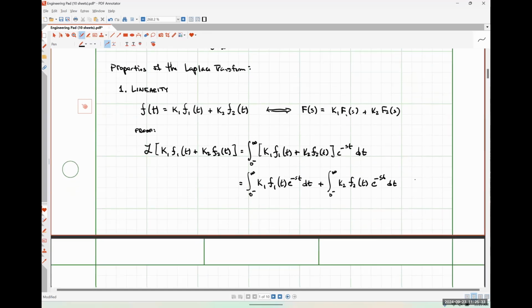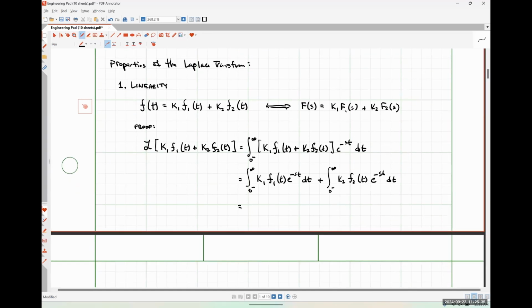I can take my constants k1 and k2 to the outside of my integral, so that's going to be k1 integral from 0 minus to infinity of f1 e to the negative st dt plus k2 integral from 0 minus to infinity of f2 e to the negative st dt.